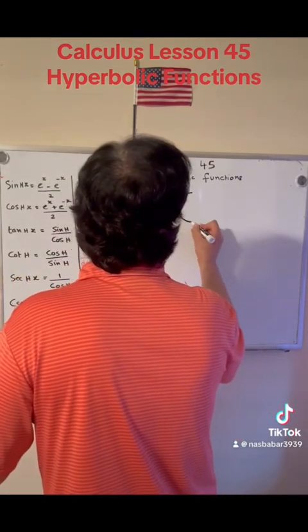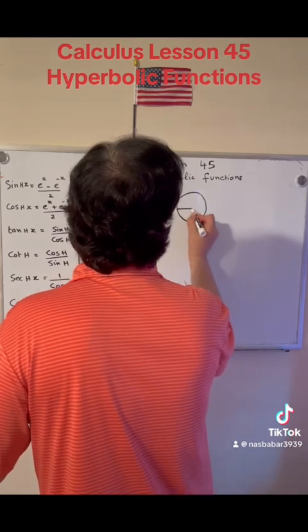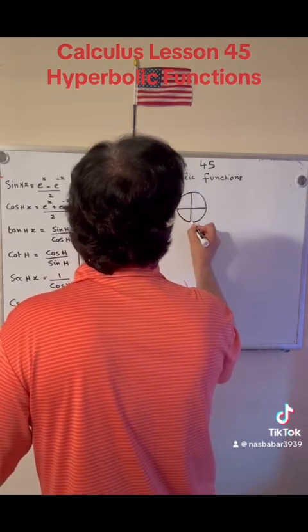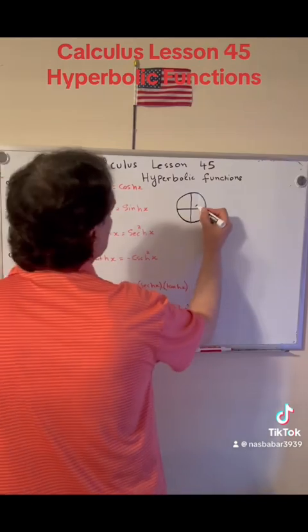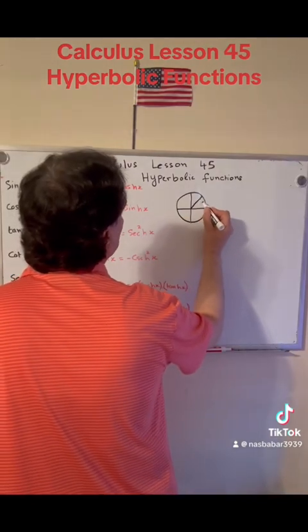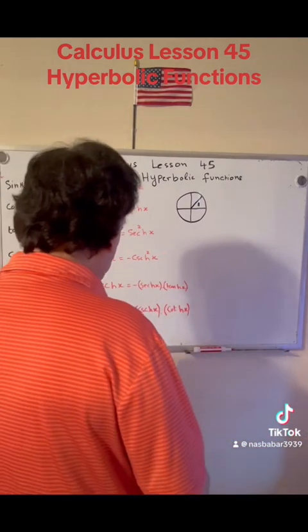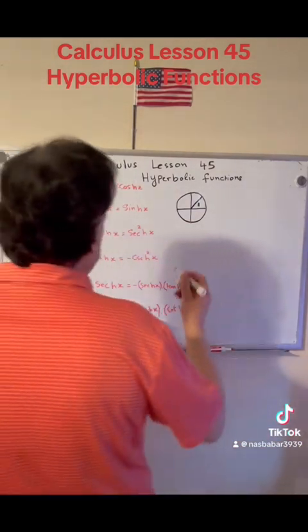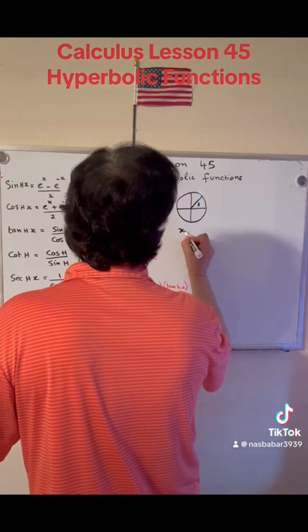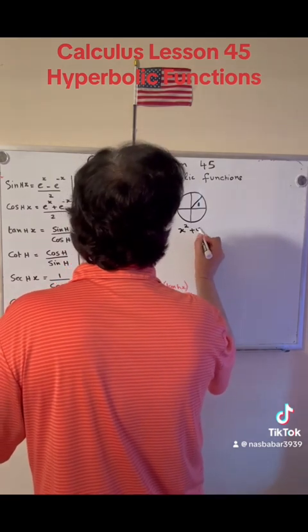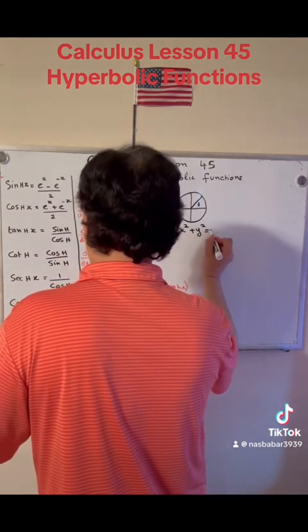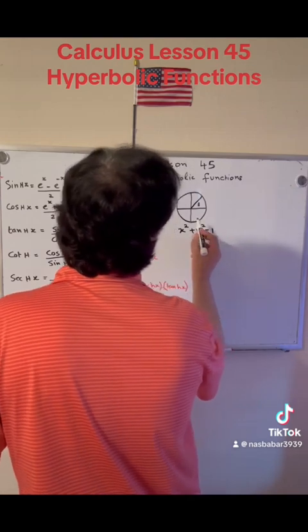Let's say we have a circle, and the radius of this circle is 1. It's 1 foot, 1 inch, whatever you want. Then I can say x square plus y square is equal to 1. What is x square?